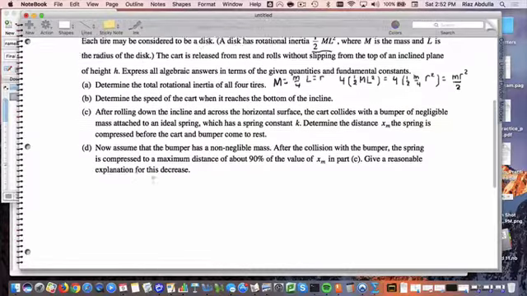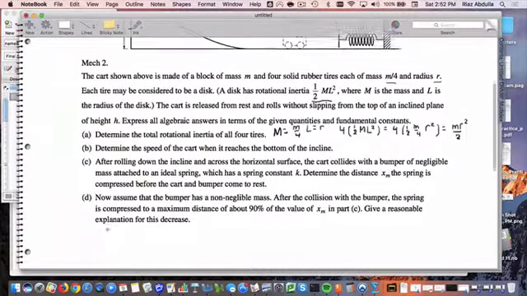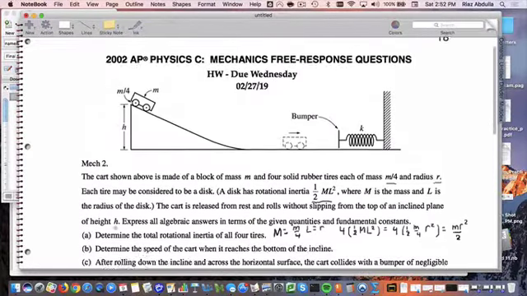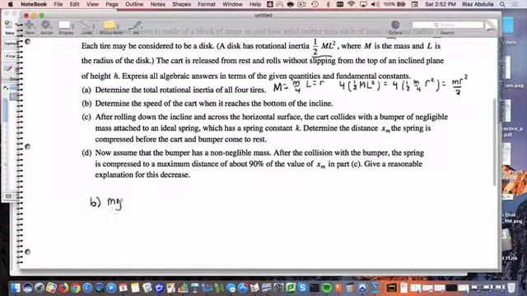Now for part B, we want to know the speed of the cart when it reaches the bottom of the inclined plane. Here we are going to use energy considerations. So we will say mgh equals, now we have 2 energies to worry about. First is 1/2 mv squared. And actually, I want to be really careful about how I write this.